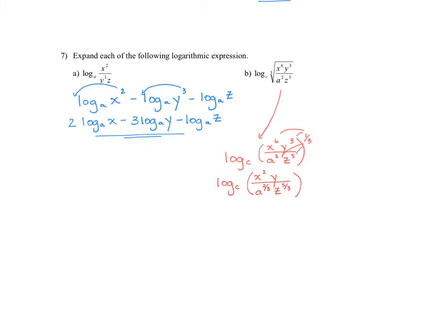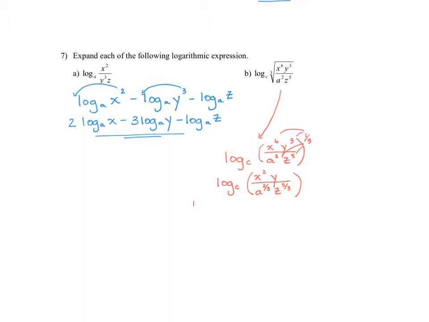And now we can go back and do the same thing we did in the last problem. Anything that's in the numerator and multiplied, we can separate into individual logs that are added together, and anything in the denominator implies division, so it can be subtracted off as its own individual log.